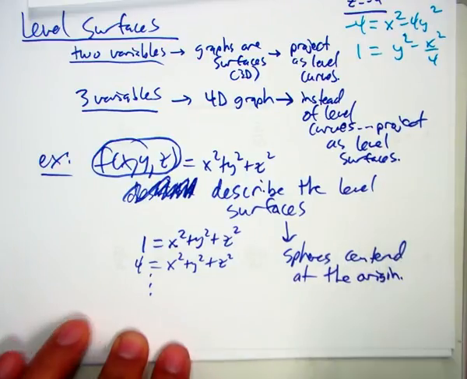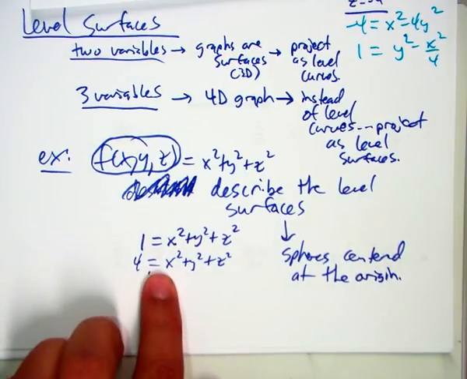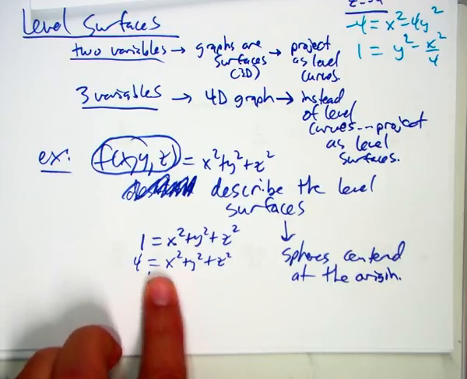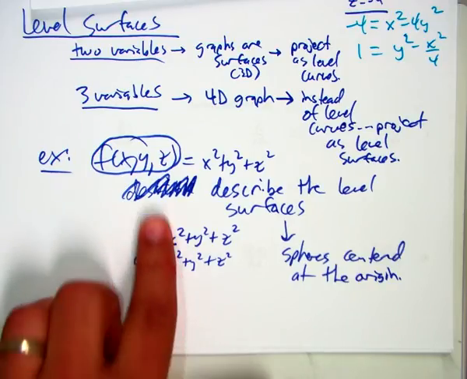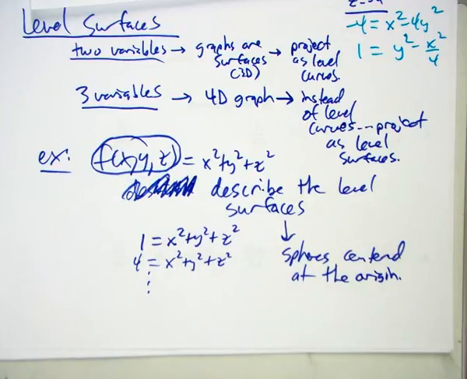And in general, as your distance from the origin increases, so does your other value. Okay? So that's pretty much this section in a nutshell. I wanted to show you one picture real quick.